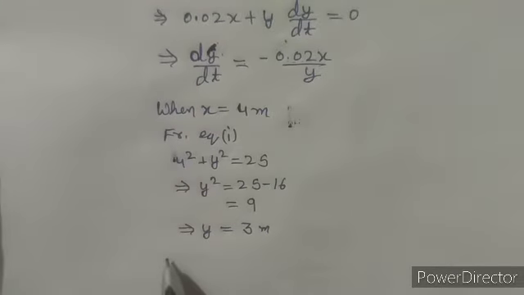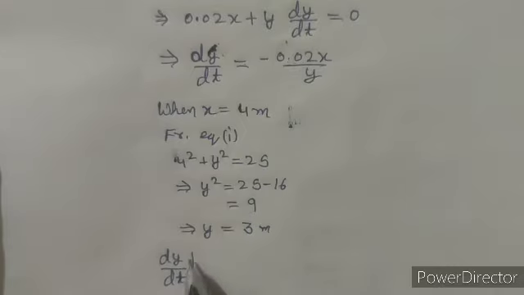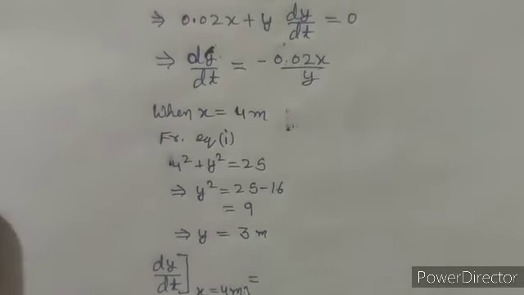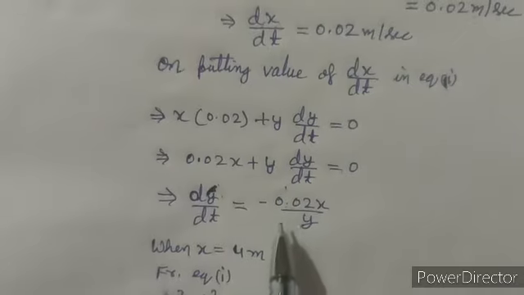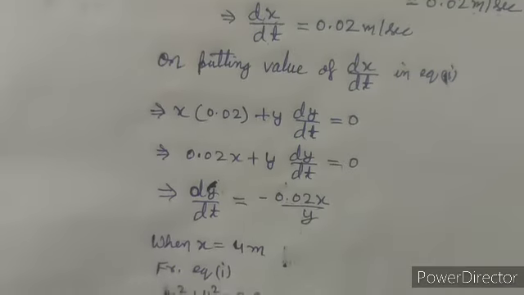So we can say that dy by dt at x equal to 4 meter will be equal to minus 0.02 x upon y.